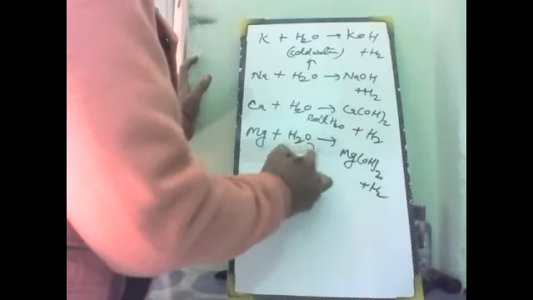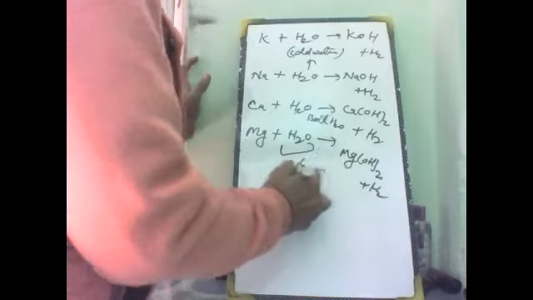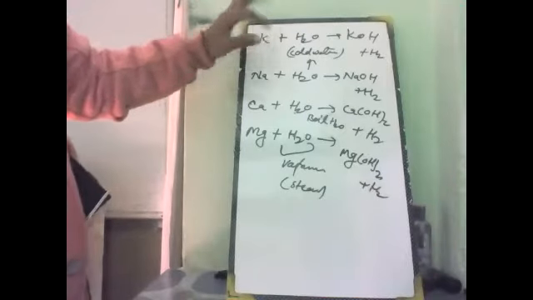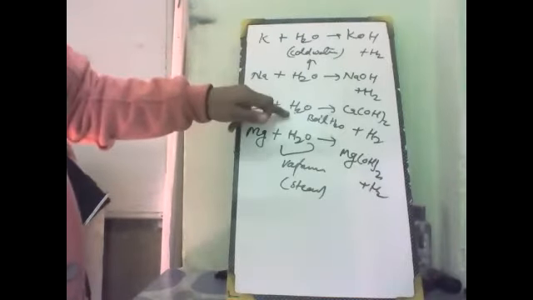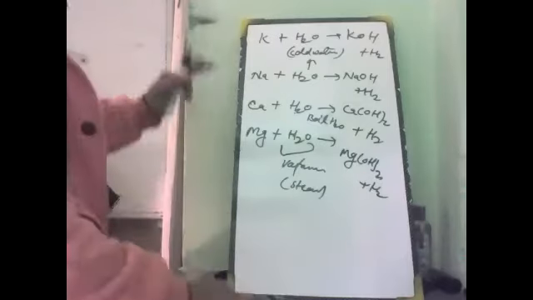This is in the presence of vapor or steam. There are three types of reactions. Some reactions take place in cold water, some in boiled water, and some in vapor. They require more temperature.